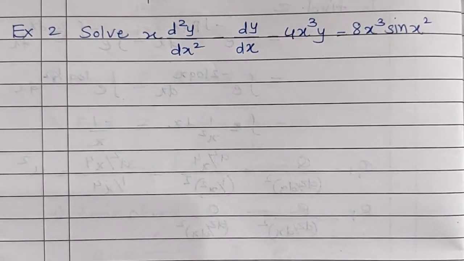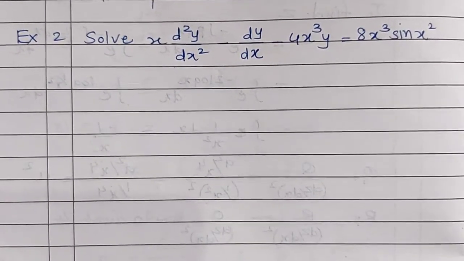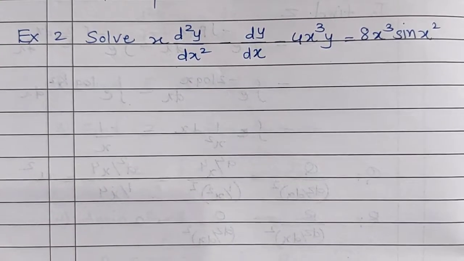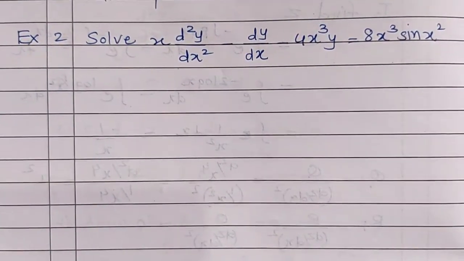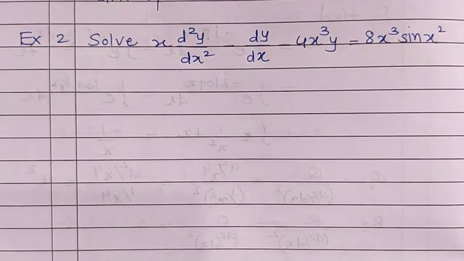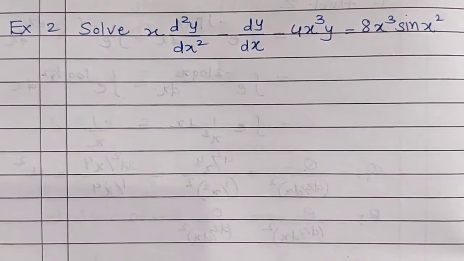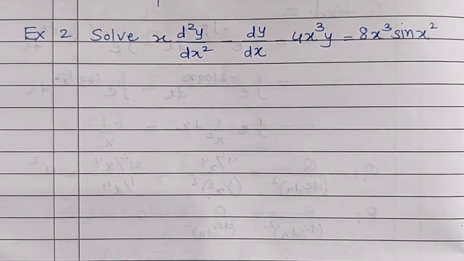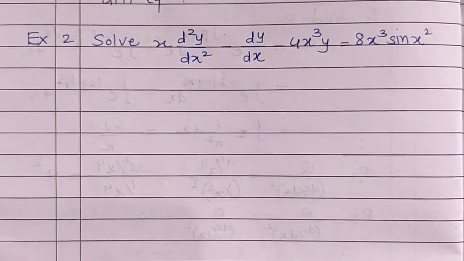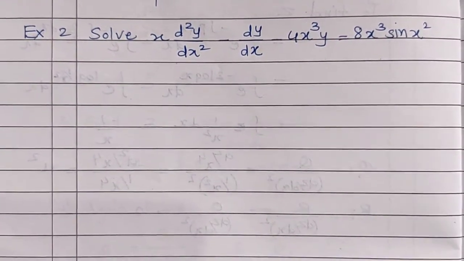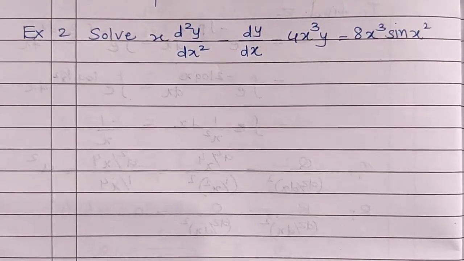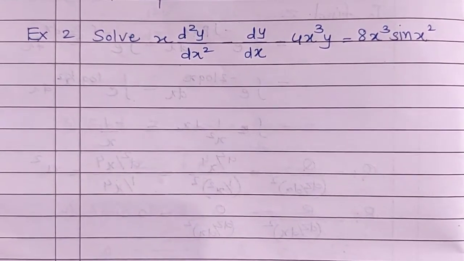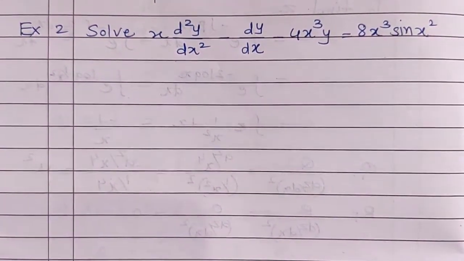In the last video, I told you how to solve such kind of examples using the change of independent variable method. Also, we saw the steps to solve a linear differential equation of second order using the method of solution by change of independent variable.